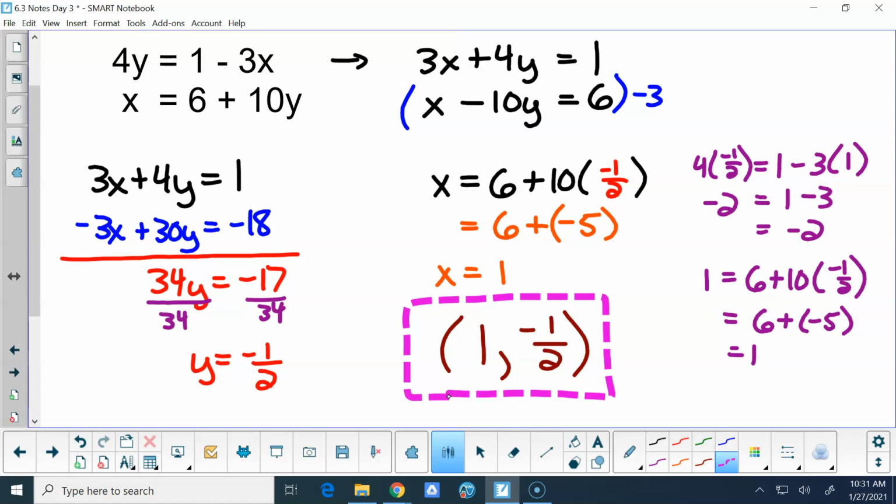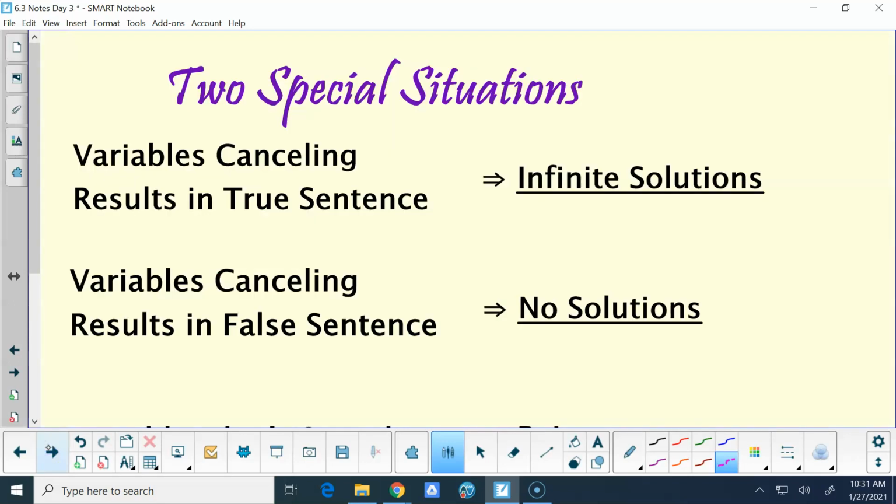Okay. I remind you that if we have the two special situations, the same ones that we talked about in yesterday's video, if both variables cancel out and it's a true sentence, even in elimination, that's an infinite solutions answer.